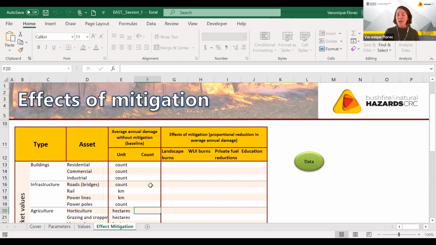But the tool allows for having a look at what would happen if those costs are much higher than what you were able to include here. So it allows for sensitivity analysis to increase the values by a lot.